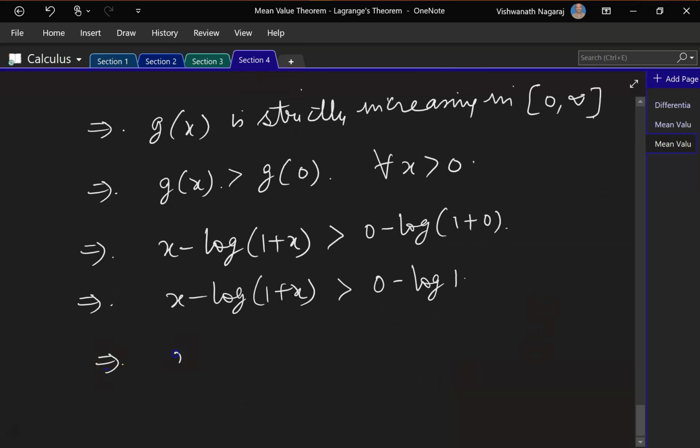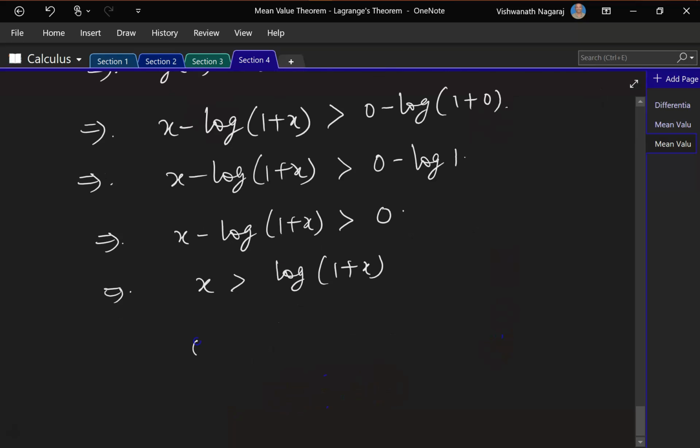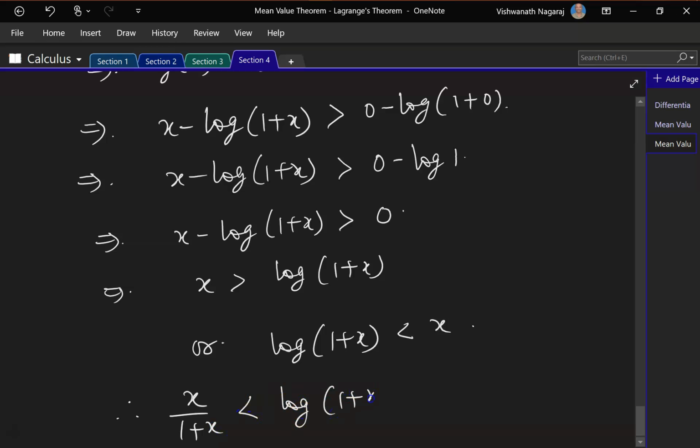Log of 1 is again 0, so this is greater than 0, which implies that x is greater than log of 1 plus x, or log of 1 plus x is less than x. So we have proved both parts of the statement. So therefore x by 1 plus x is less than log of 1 plus x, which is in turn less than x.